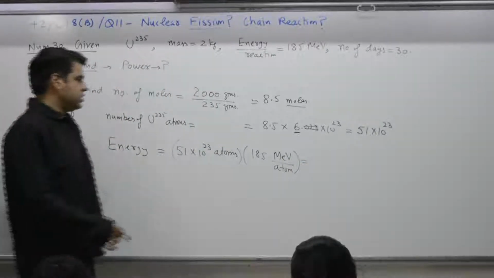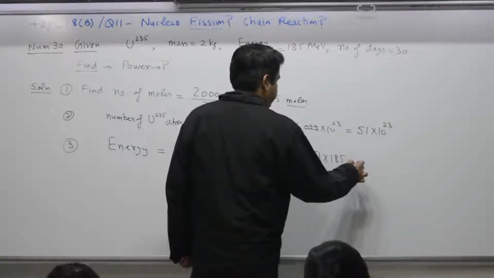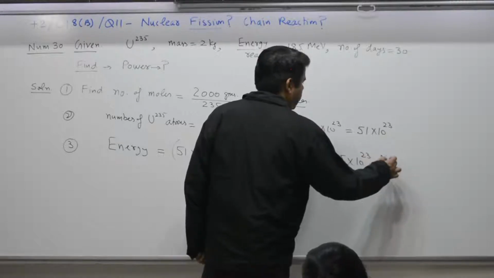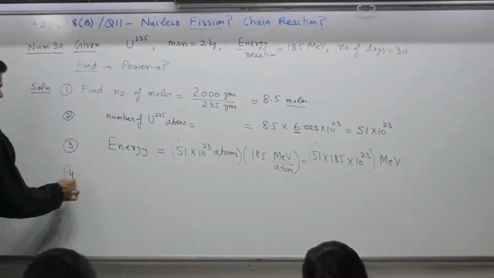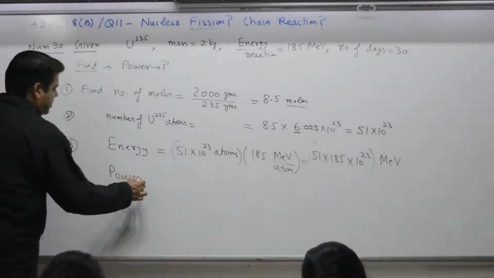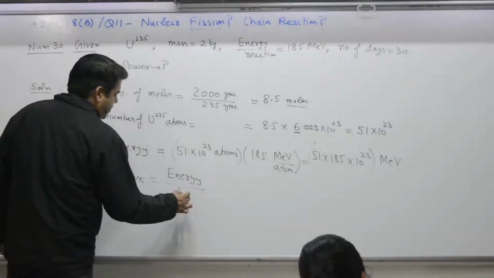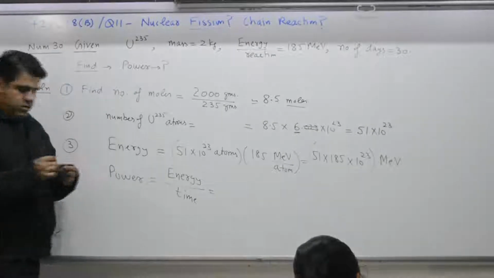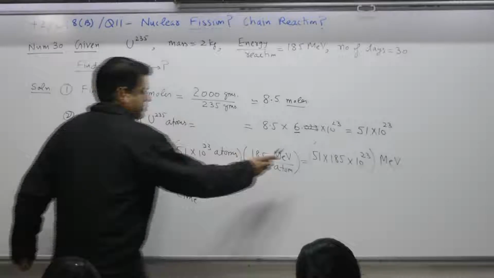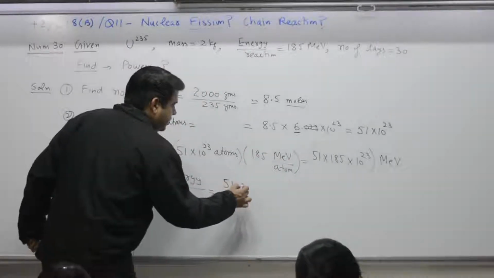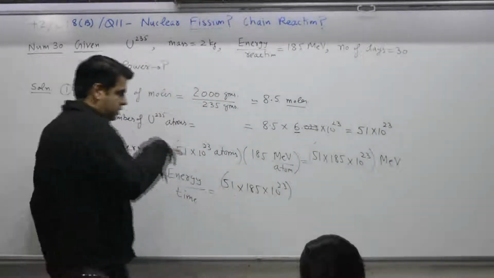So energy available is 51 into 185 into 10 raised to power 23 mega electron volt. Calculation we will do at the end. Power is energy by time. Energy is 51 into 185 into 10 power 23 mega electron volt.